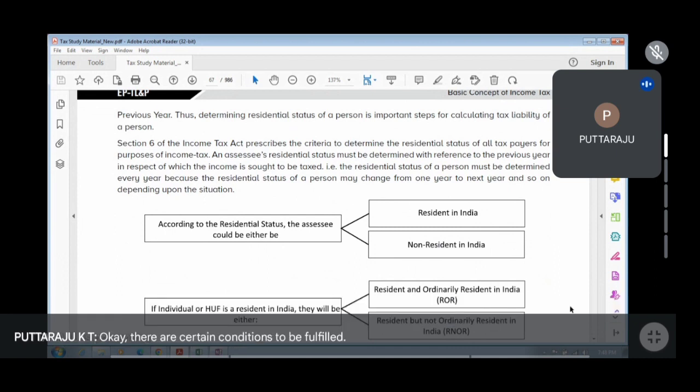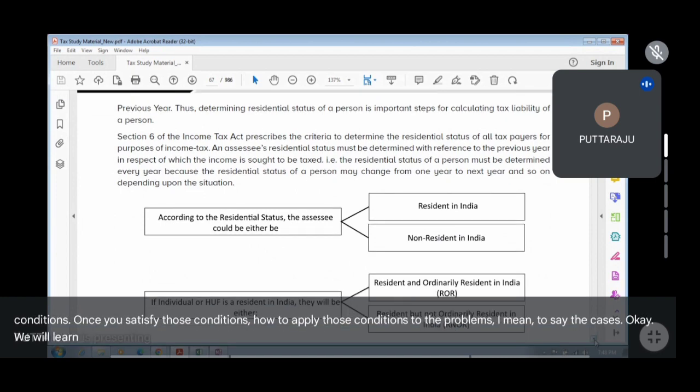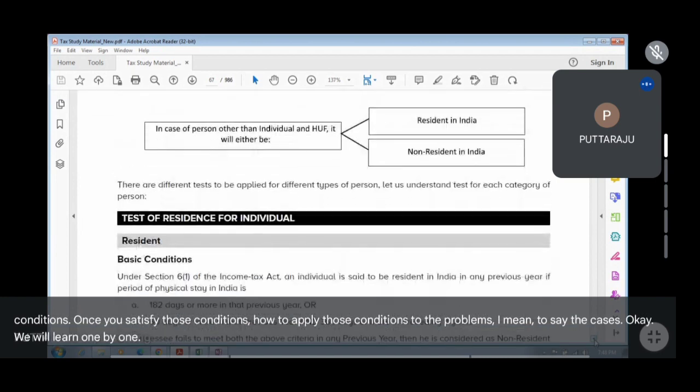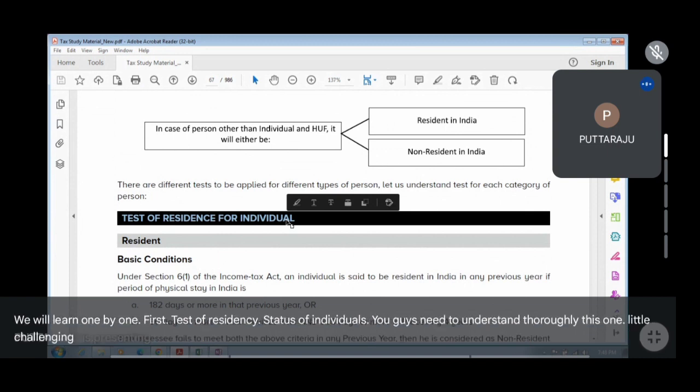Now we are going to learn how to understand those conditions, and once you satisfy those conditions, how to apply them to the problems, I mean to say the cases. We will learn one by one. First, the test of residential status of individuals. You need to understand this thoroughly. There are little challenges.